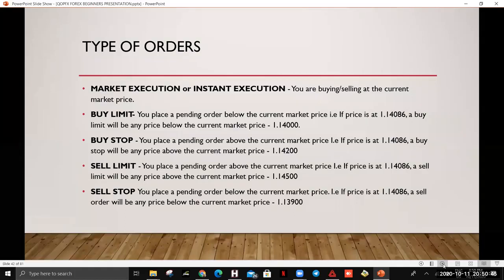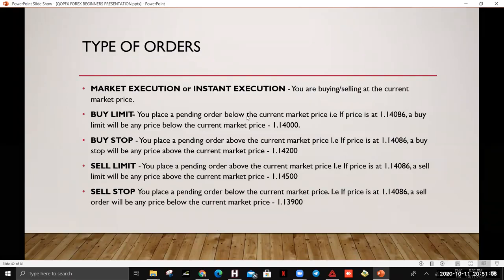But if I put a buy limit order, everybody's order is going to activate at the same time. If the price I gave you is 1.14086, everybody's price is going to be 1.14086 if that order is triggered. That's how it is. Now you can look at the explanation.